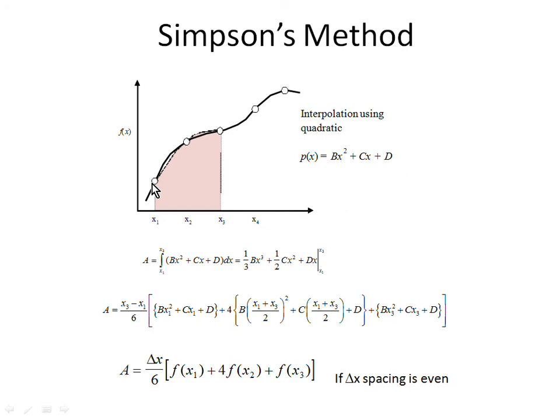So the procedure for developing Simpson's method is similar, where we're going to integrate the approximating function from x1 to x3. There's the approximating function, and when we do this integral, we get this term from integrating this term, this one from integrating this linear term, and this one from integrating this constant.